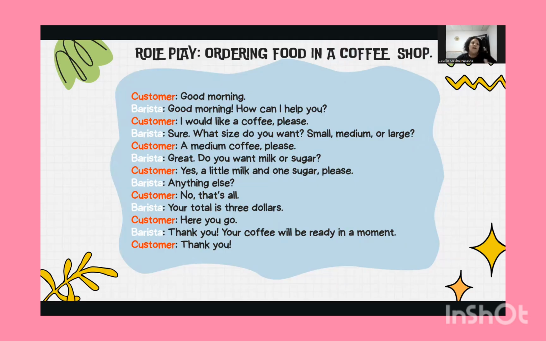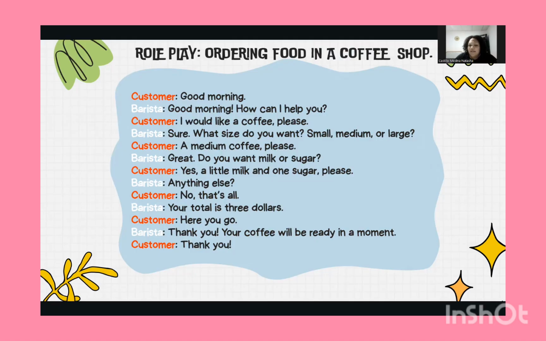Customer: Good morning. Barista: Good morning. How can I help you? Customer: I would like a coffee, please. Barista: Sure, what size do you want? Small, medium, or large? Customer: A medium coffee, please. Barista: Great. Do you want milk or sugar? Customer: Yes, a little milk and one sugar, please.